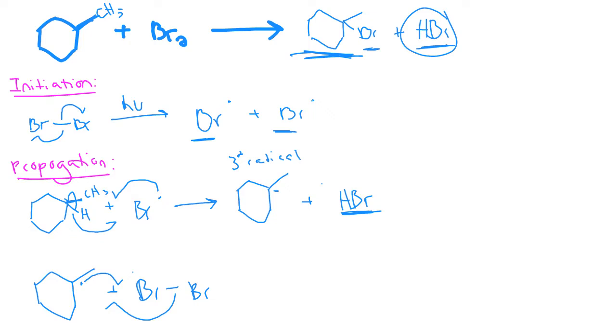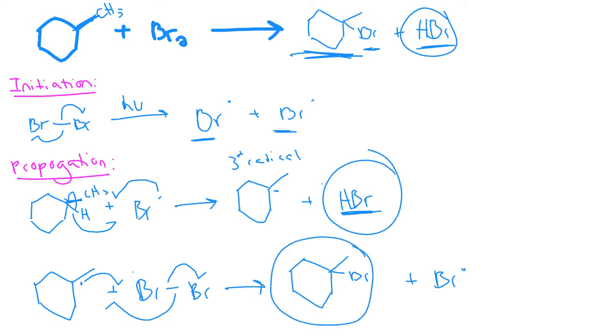And then that other electron from the Br to Br bond will go to the other bromine to reform a radical. So now this radical can go on to attack another alkane molecule, and those 2 steps will cycle. So this and this are my 2 products. Any questions?